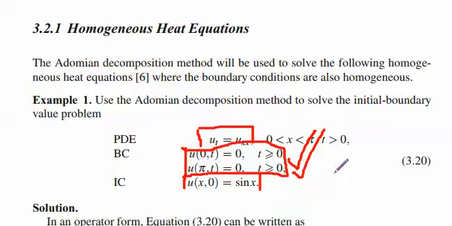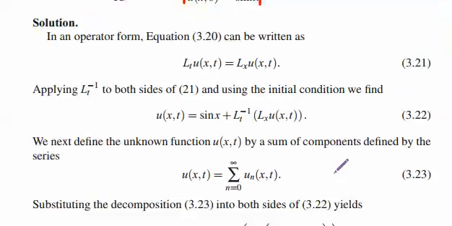Exactly in this book, each and every step is given, the solution and the whole treatment and the whole calculation, step by step. You can see in this book that they solve this equation using the domain decomposition method. So in the first step they are choosing the operator from the above equation.